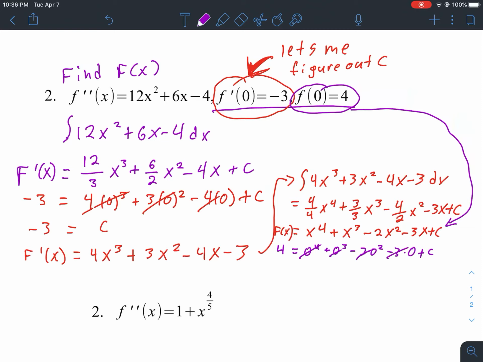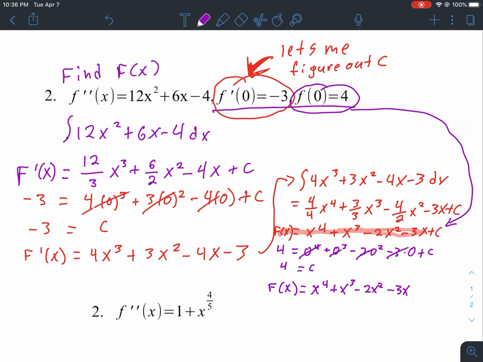All the zeros drop out, and c is 4. So my function then is x to the fourth plus x to the third minus 2x squared minus 3x plus 4. What I did was I just copied this down, and I'm adding my c, which is now 4.